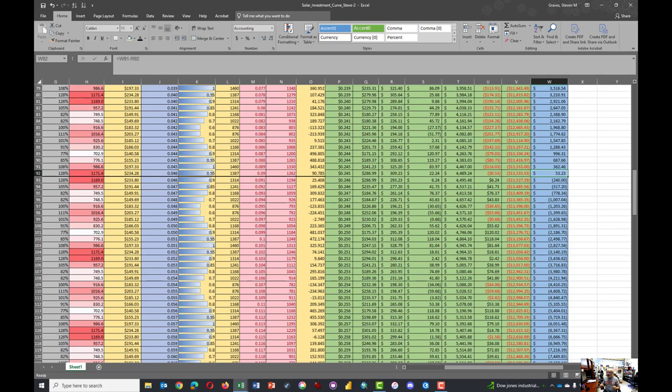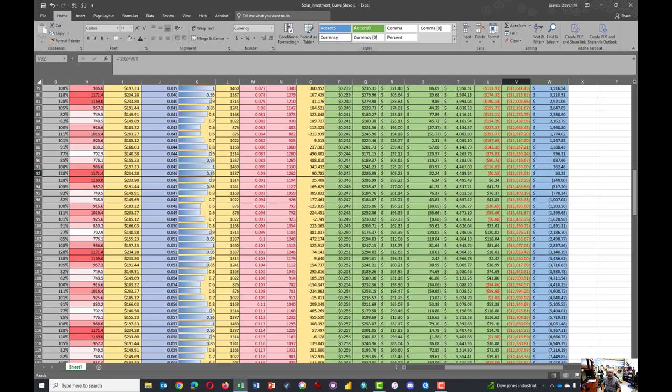Now, of course, all of these can be manipulated. If the loan costs more, if the panels degrade worse or better than before, if the cost of electricity goes up, all of those things you can manipulate in this spreadsheet, and it would create a different outcome for you.